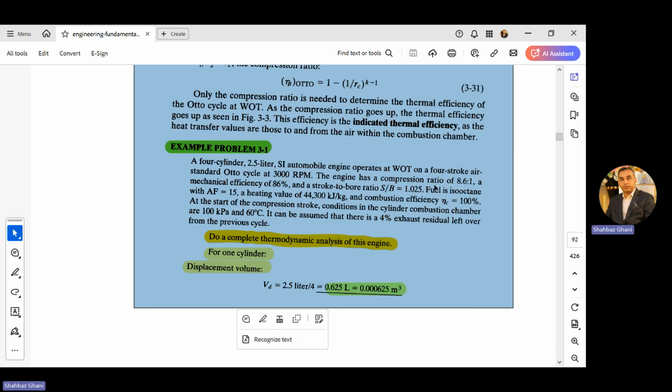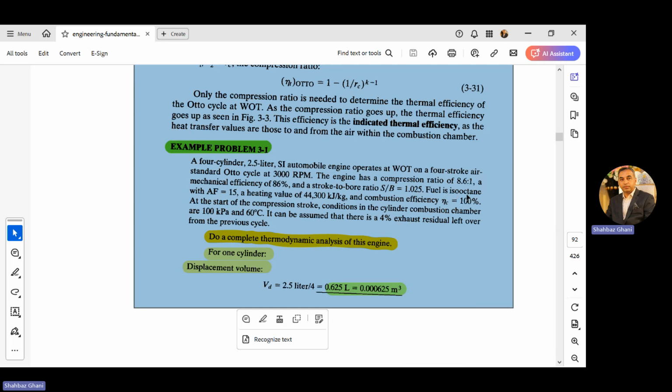The engine has a compression ratio of 8.6, so rc is 8.6. Mechanical efficiency is 86%, and we have a stroke to bore ratio. So its stroke and bore are not the same. It's an undersquare engine in which the bore is less as compared to the stroke, with the ratio of 1.025.